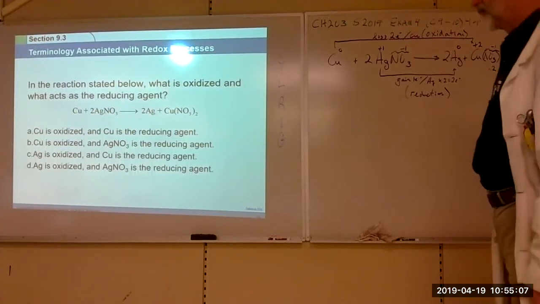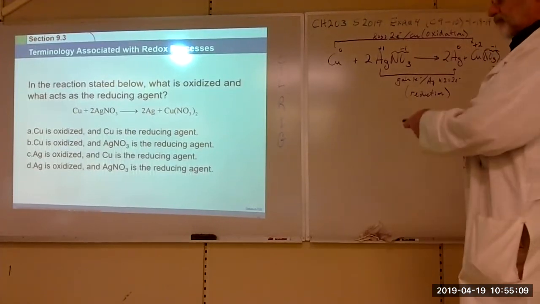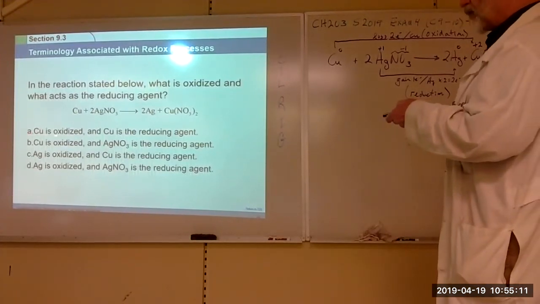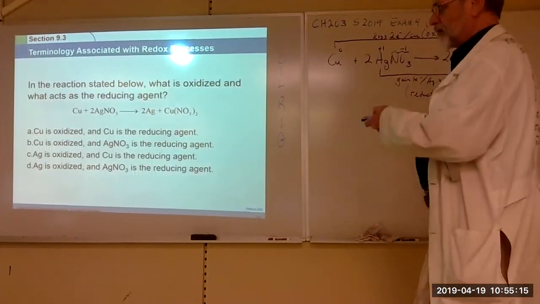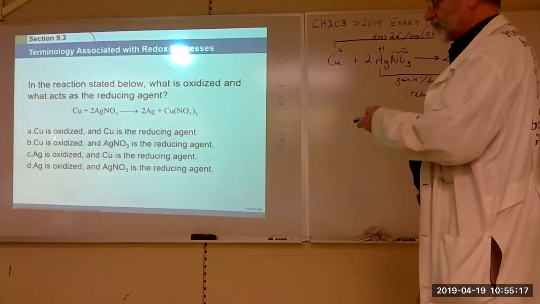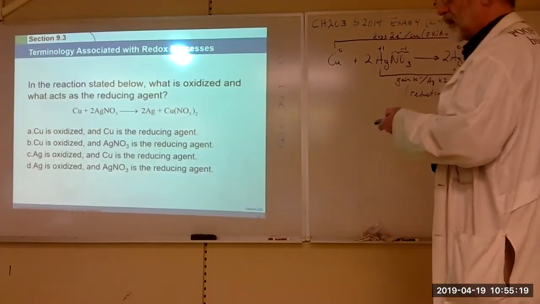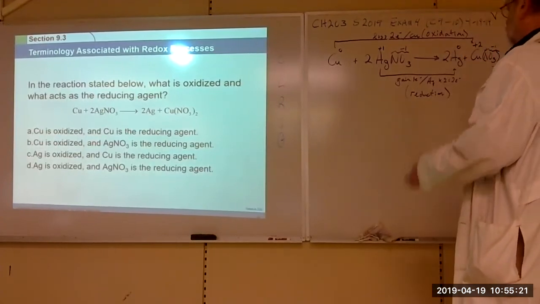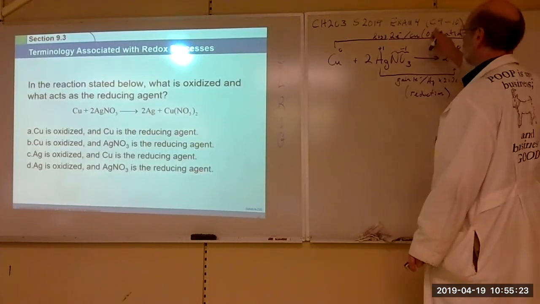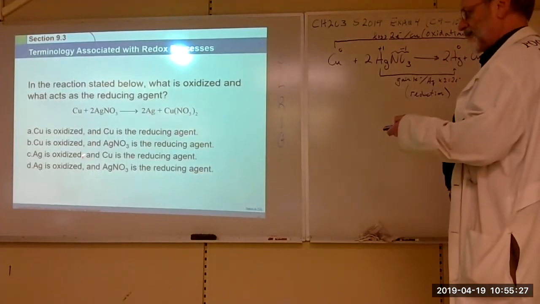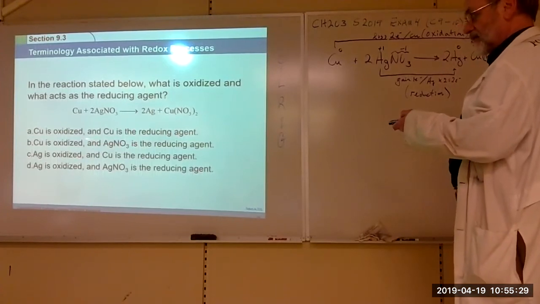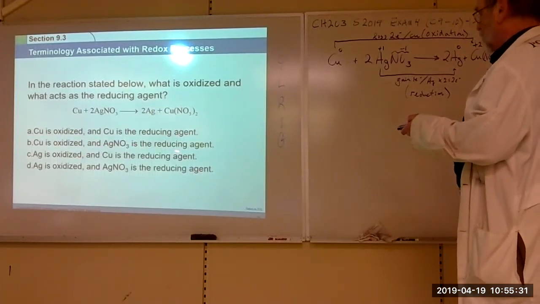Now, let's see if we can figure out which one of these is right. Copper is oxidized. Is that true? Yes. Copper was oxidized. So that means it's got to be A or B. Copper is the reducing agent. So if it's oxidized, it is the reducing agent. Silver nitrate is not the reducing agent.